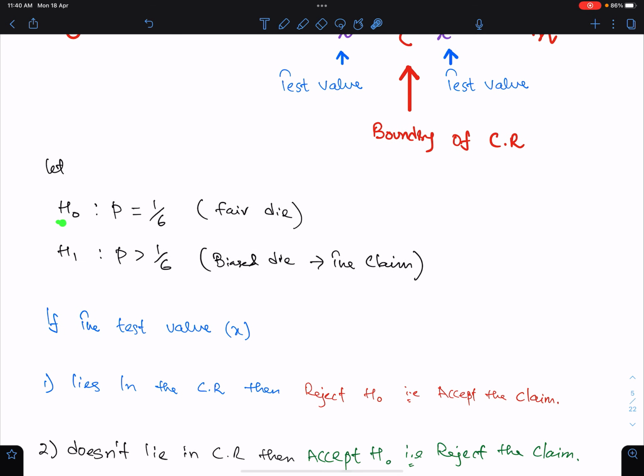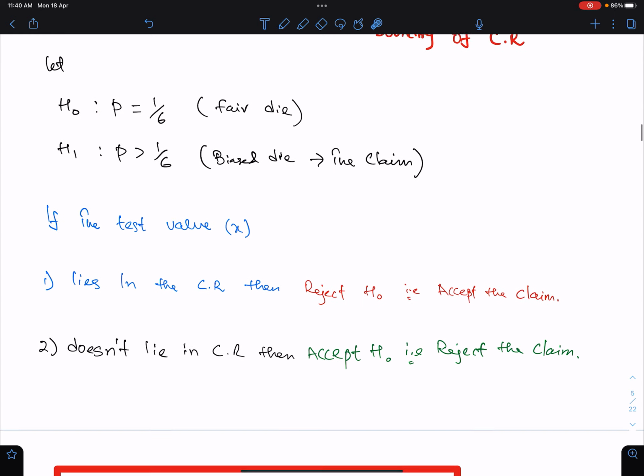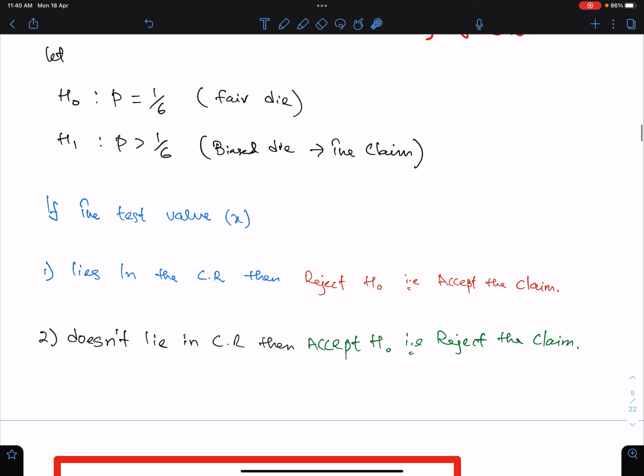For example, if H0 is P is 1 upon 6, means the die is fair, and H1 is P is greater than 1 upon 6, that means the die is biased or unfair, and this is the claim. So we have two possible decisions.